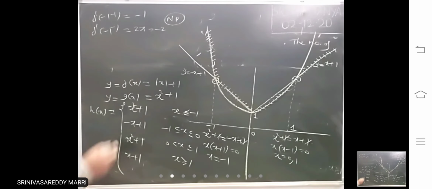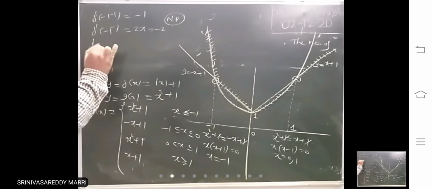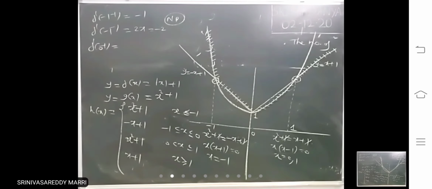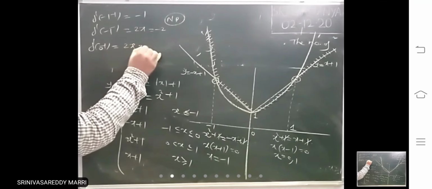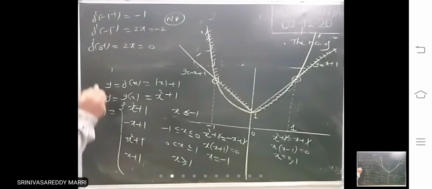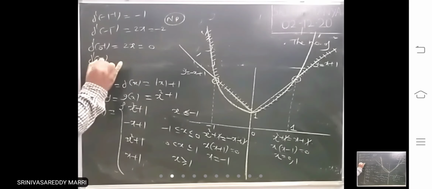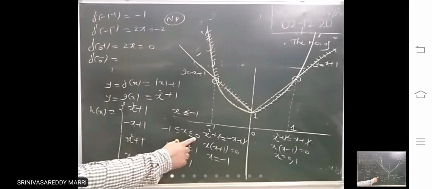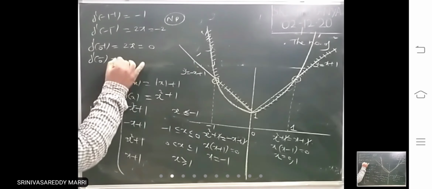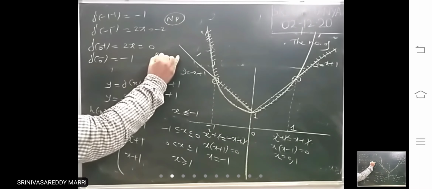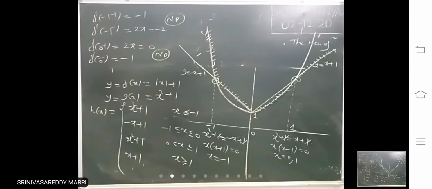So next at 0. 0 plus means greater than 0. Derivative of this is what? 2x. That means 0. So next f dash 0 minus. 0 minus means less than 0. Derivative minus 1. So therefore not differentiable.